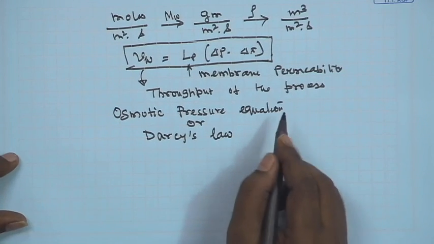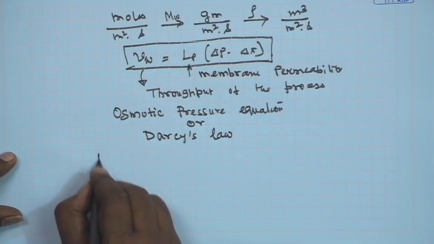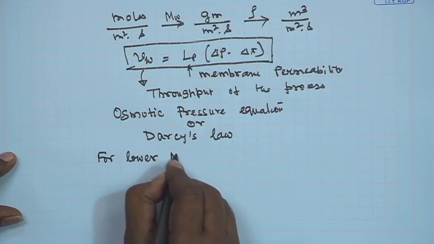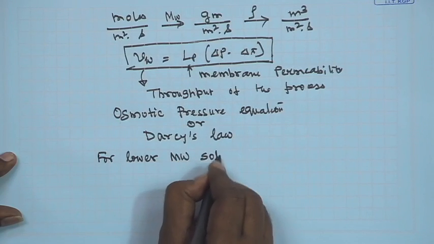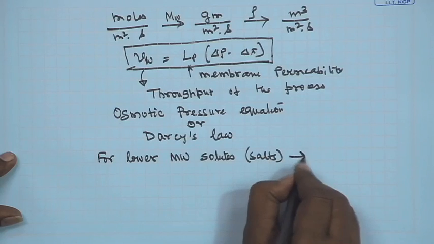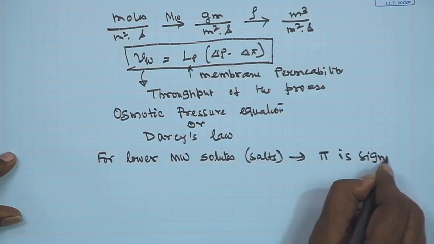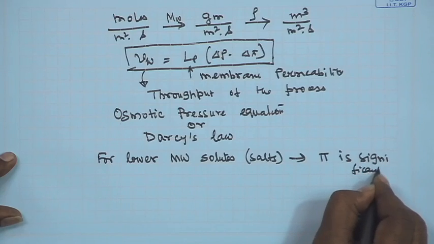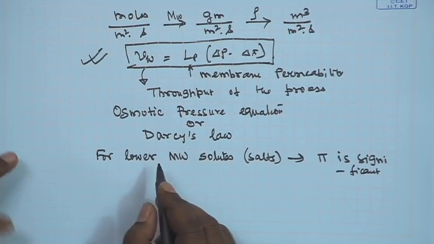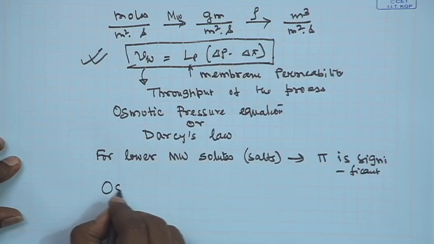And for solutes having lower molecular weight, like salts, osmotic pressure is significant. This is the governing equation of volumetric flow rate through the membrane, and this model is also known as the osmotic pressure model.